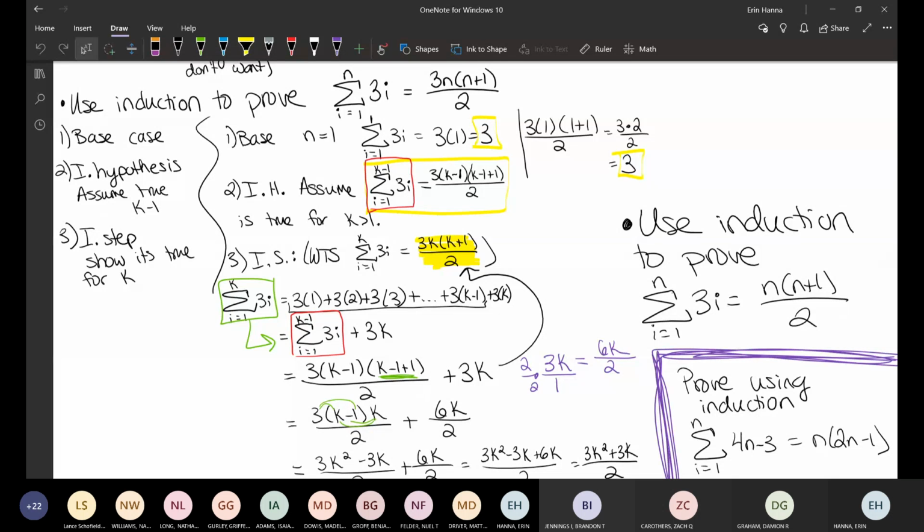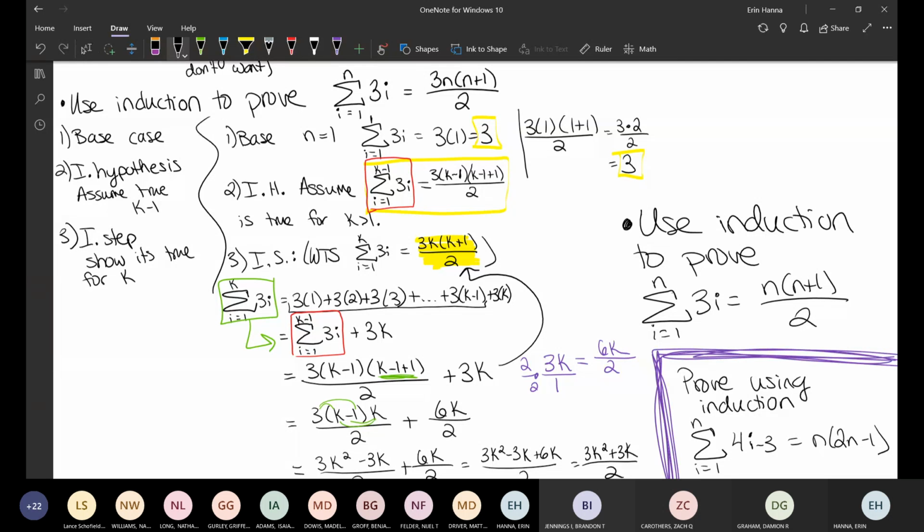Oh, I did put n, didn't I? Whoopsies. That should have been I. Y'all probably didn't even think about the notation and just did it anyway. But this should have been an I down there, not an N.